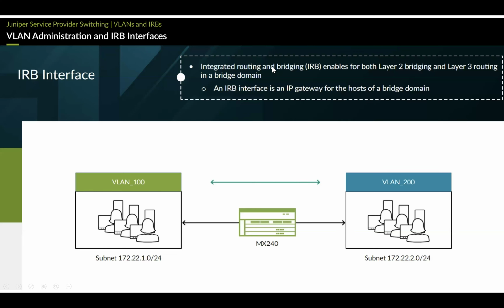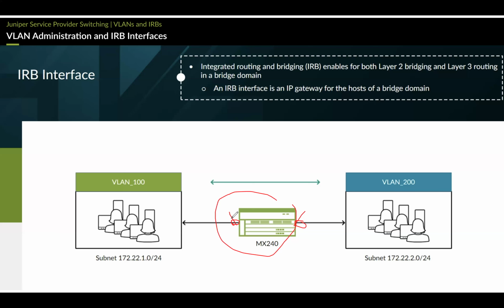IRB means integrated routing and bridging. Consider it's a switch. All these ports act as a switch, meaning this is a layer 2 port, so you cannot configure IP addresses on this port.